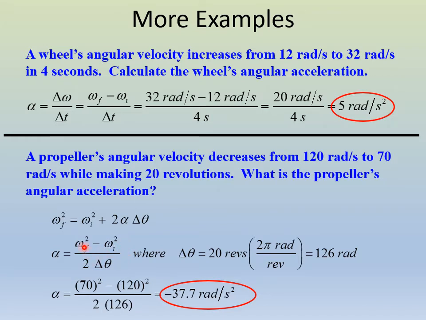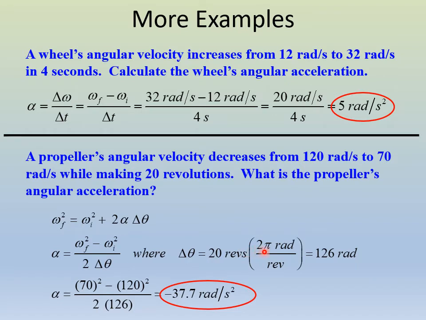We know these 2 omega numbers, they're given to us, but all we know is that it made 20 revolutions. So we need to figure out what 20 revolutions is in terms of radians, because remember, delta theta is in radians. So delta theta is equal to 20 revolutions times 2 pi radians per revolution.